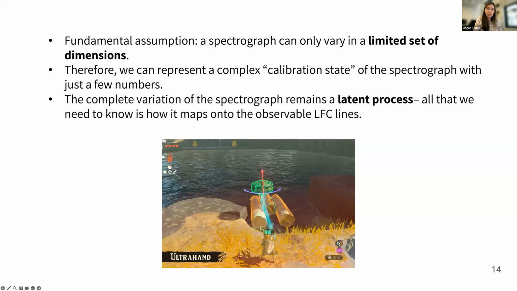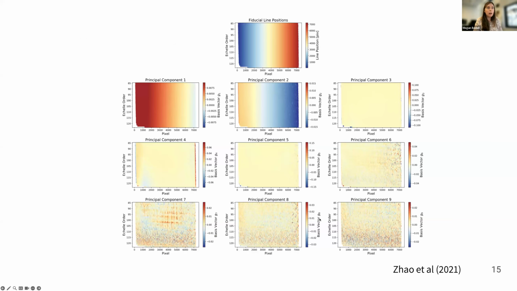And we're getting those vectors by doing dimensionality reduction in the form of principal component analysis. So if we run PCA on the stack of calibrations across time, we come up with these basis states or basis vectors, which are actually 2D images of LFC line positions as a function of pixel X and pixel Y on the detector.